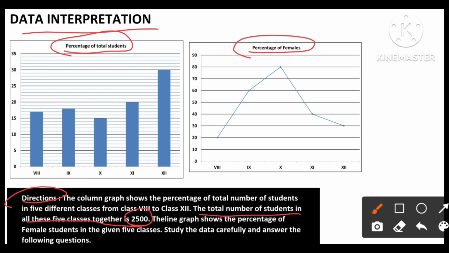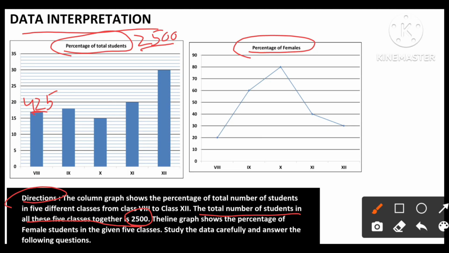It is distributed in percentages. Here we have 15 percent plus 2 percent, which is 17 percent. 17 percent of 2500 is 425. So 425 is the total here. Total means males plus females.